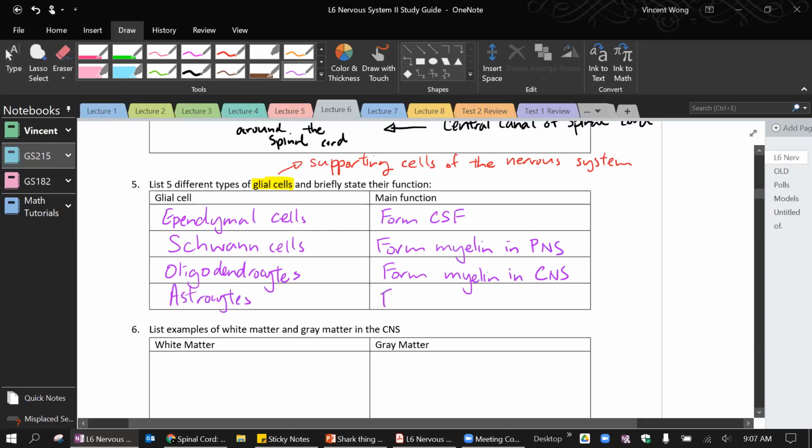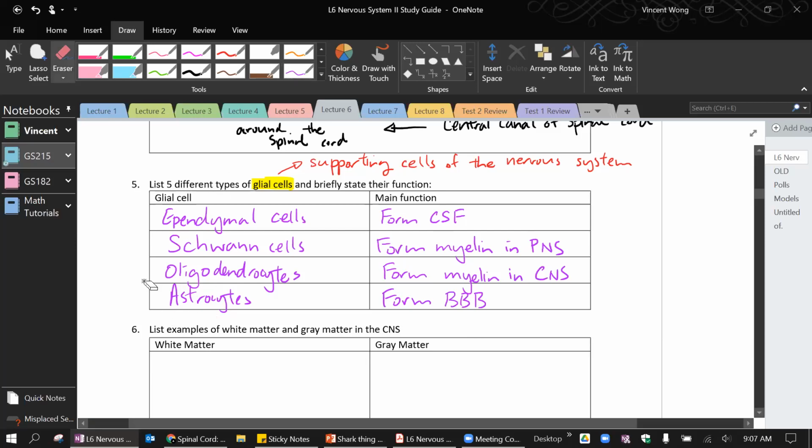Astrocytes, which form, what did they form? What do astrocytes form? Astrocytes form the blood-brain barrier, right? Okay, very good. Any question?